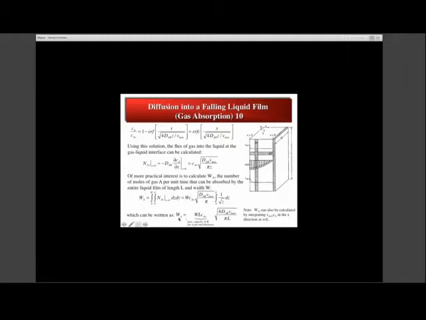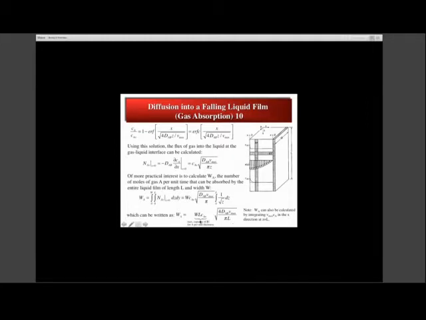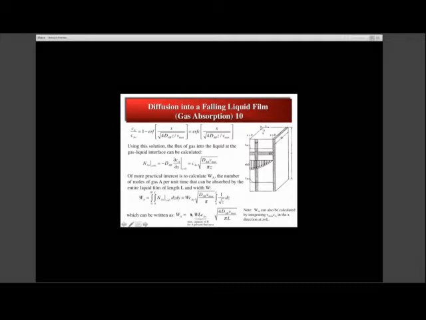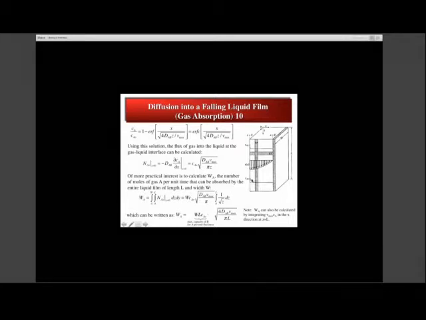And often we would write that in the form that is shown at the bottom of the page. And I want to point out that the width times the factor that appears out front here is the width of the liquid film times the length times the concentration of A in the liquid at the gas-liquid interface.